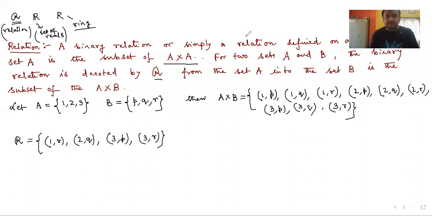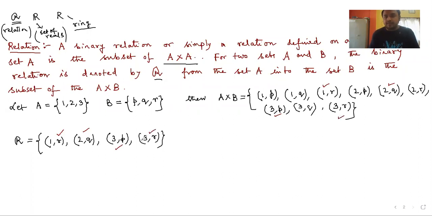Obviously you see that this 1R which is present in capital R is also present in A cross B. 2Q is present in R, also present in A cross B. 3P is present in R, also present in A cross B, and similar is the case with 3R.